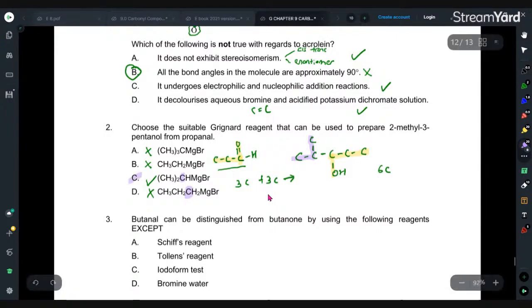Okay ya. Butanone can be distinguished from butanol by using the following reagent except. Tollens boleh, Tollens boleh. Okay. Iodoform boleh ke tak? Kena butanol. Iodoform boleh ke? Bromine boleh ke? Okay, Tollens for sure can. Okay, butanol we try to draw it out.